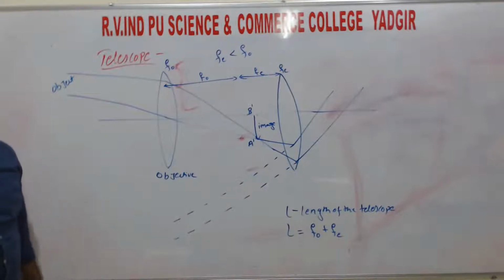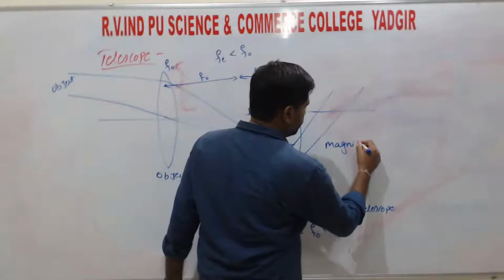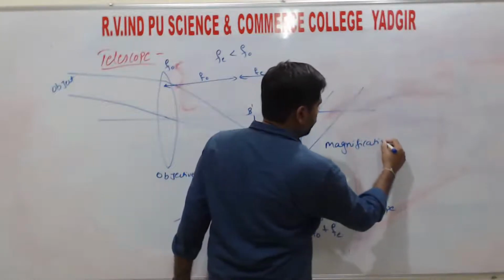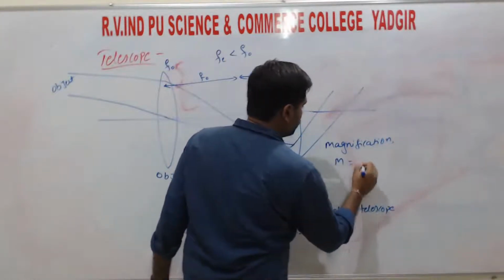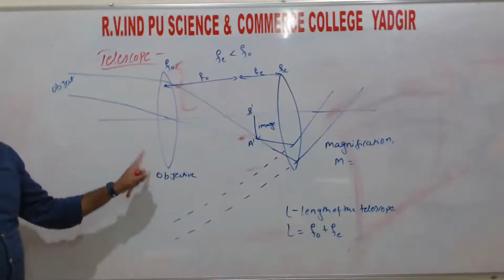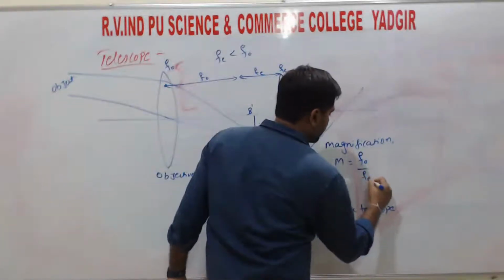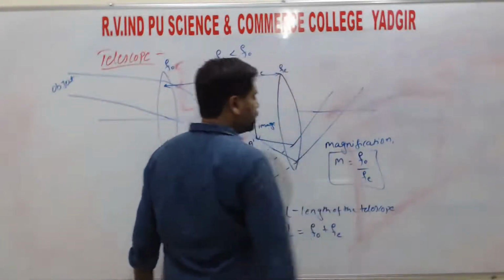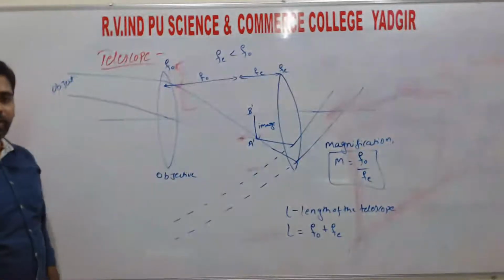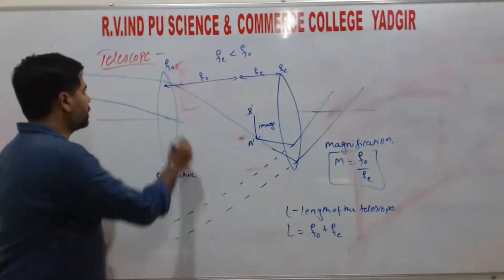Now, if I write the magnification, that is equals to, where FO is the objective and FE is the eyepiece, FO by FE, we have only one formula. So this one is the ray diagram.